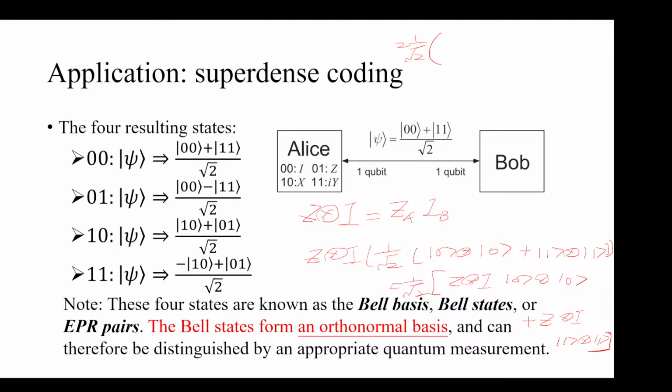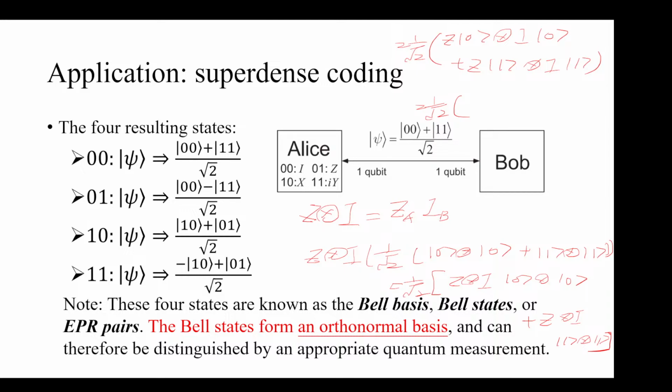Okay, so let's do this really slowly. So it's Z on 0, tensor I on 0, plus Z on 1, tensor I on 1. Okay, and finally we can do our multiplication.